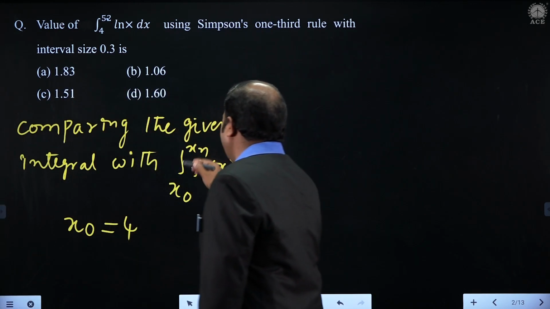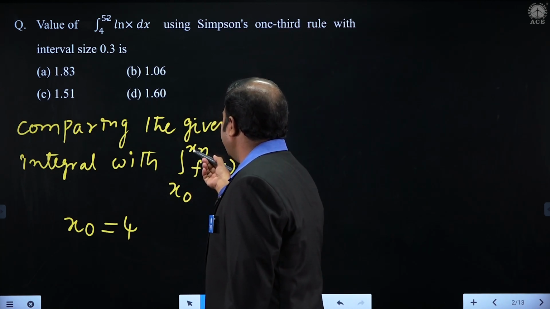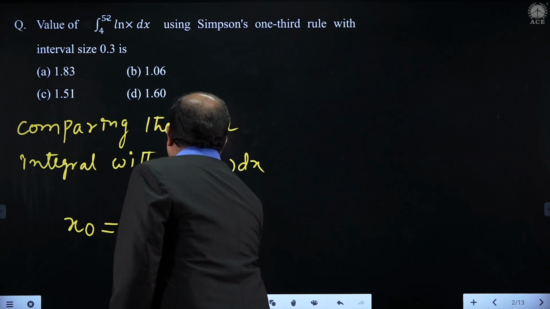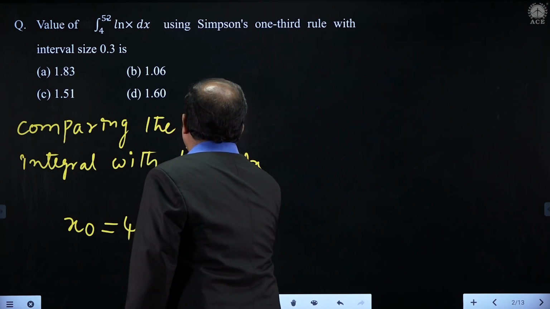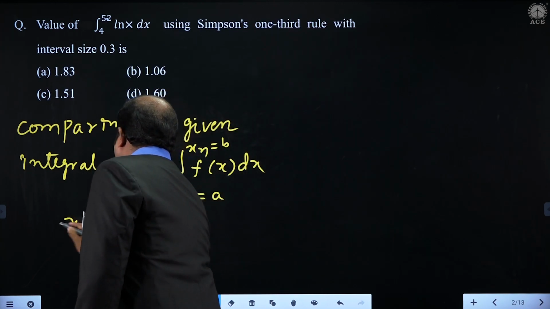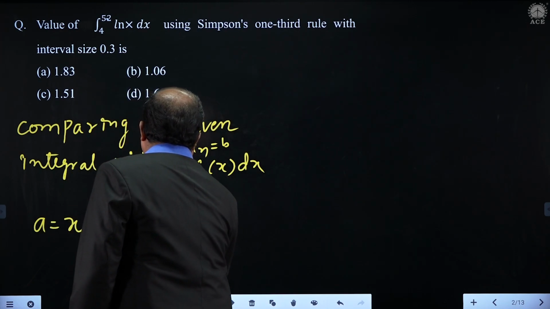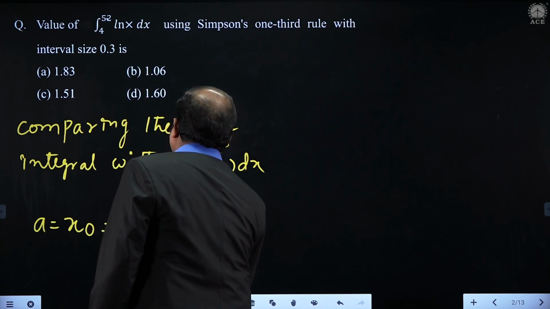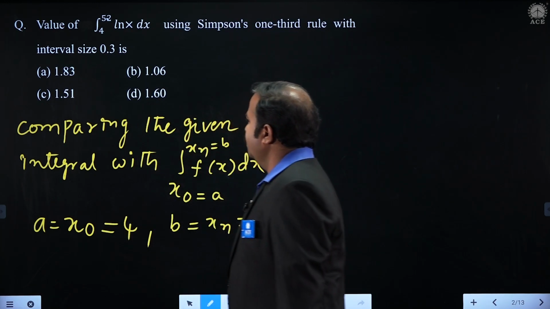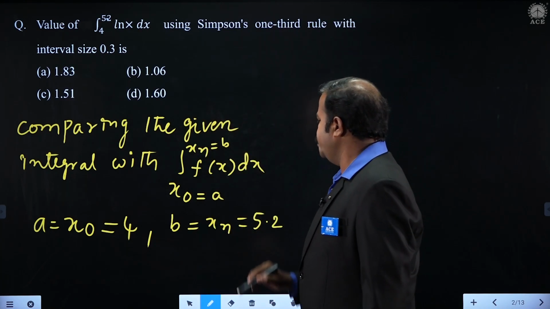This is the general form of the numerical integral. x naught is the starting value, xn is the ending value, so we can say x naught equals a and xn equals b also. So here a equals x naught equals 4. Similarly, b equals xn equals 5.2, and the given step size is h equal to 0.3.